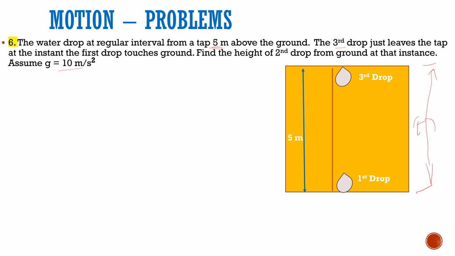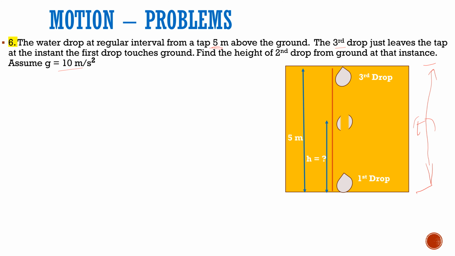And since each of the drops are starting at equal interval, second drop would have traveled for half of the time, right? So first drop has fallen for t seconds. The second drop would have fallen for t by 2 seconds, and third drop is just coming out. So that is the situation here, right?